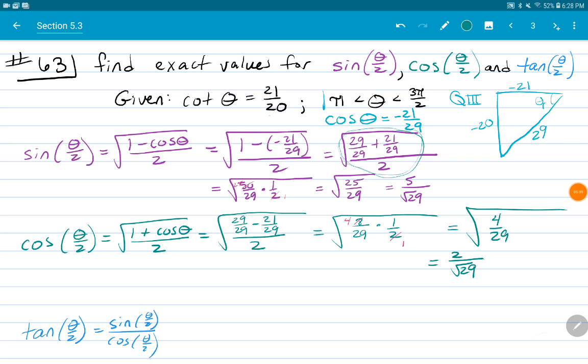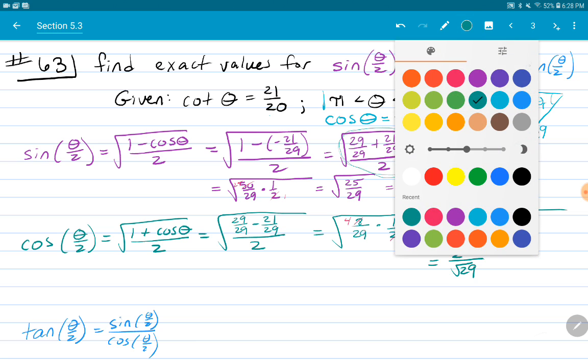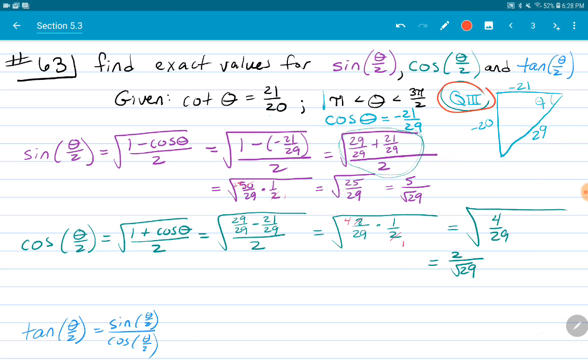Now we need to use our quadrant to determine the signs. So let's do that in orange. Our angle theta is in quadrant 3, and that means theta divided by 2 is going to be in quadrant 2.